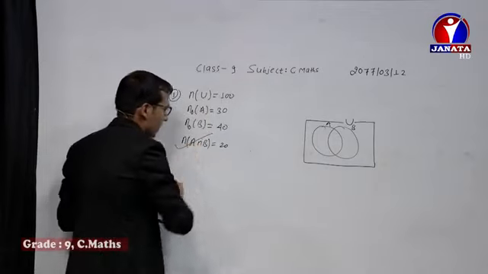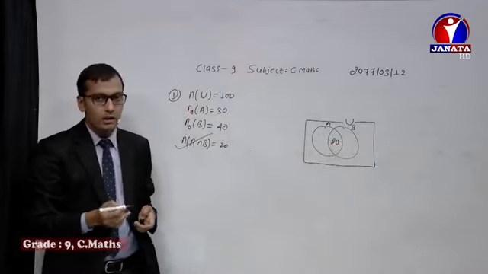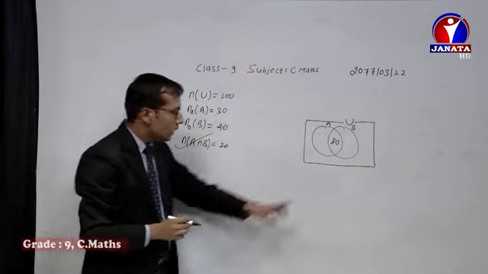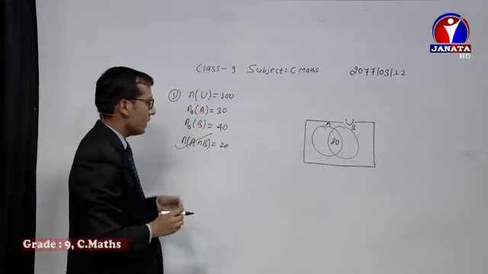It's 20. So let's insert 20 in the common region, because we start filling the diagram from the intersecting region of the two sets A and B.